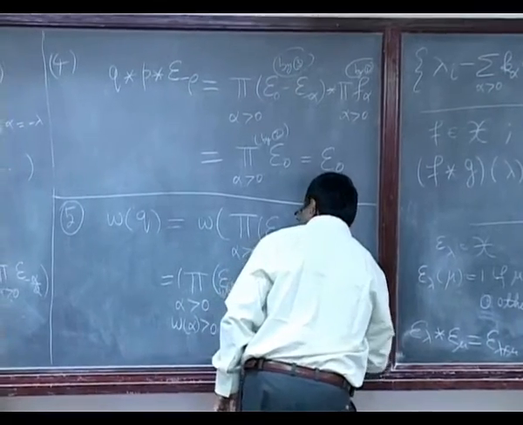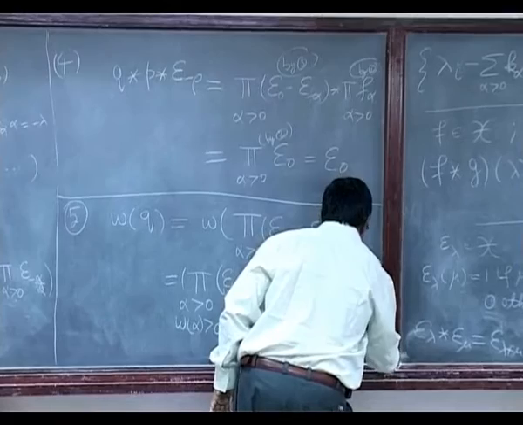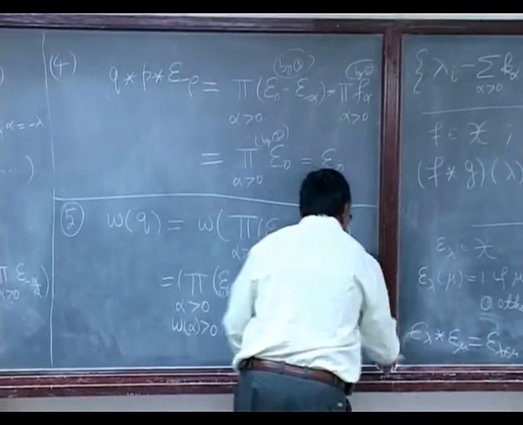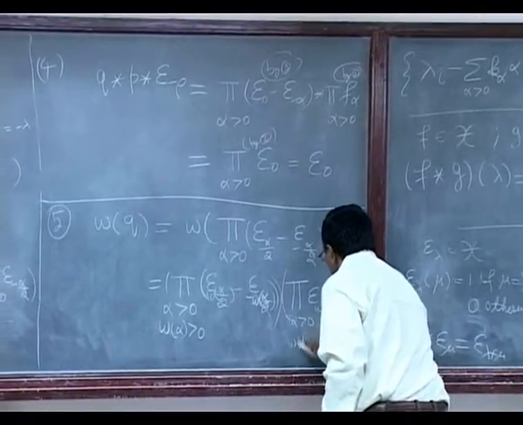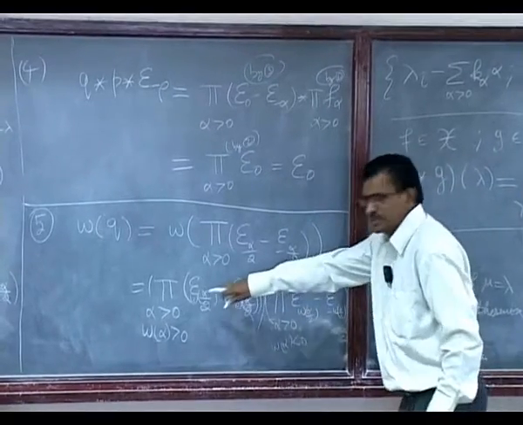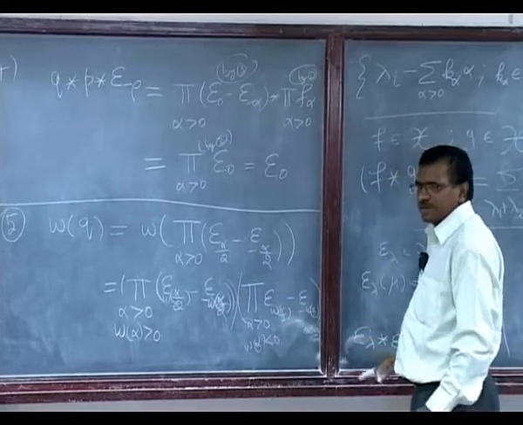I write one more line, that will be more convenient. Alpha by 2 minus W of alpha by 2, alpha positive. Alpha W of alpha negative. See, I split into two sets. Positive roots for which W of alpha positive, positive roots for which W of alpha negative.